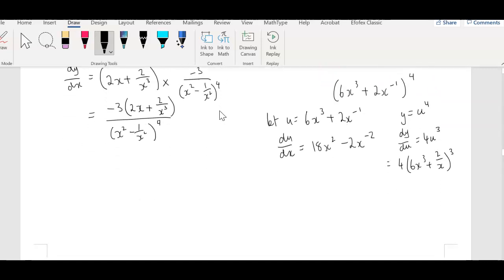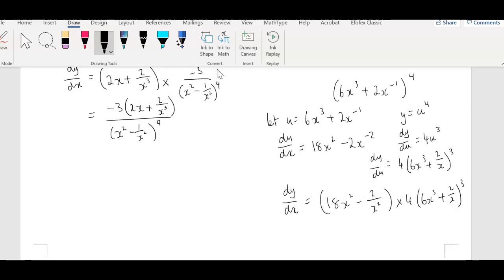So dy/dx, and I might just write dy/du here because it looks like that equal sign is not matched up. So we're going to do dy/dx. Now, because we've got multiple terms, just put them in brackets. So we're going to have 18x squared minus 2 over x squared, times 4 times (6x cubed plus 2 on x) to the power of 3.